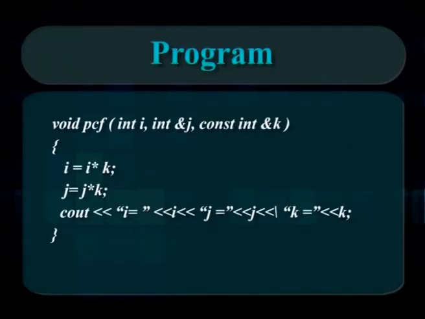This can be explained by an example in which arguments are passed as value, reference and constant reference. The example is as shown. This is a function PCF in which argument i is passed as value, argument j is passed as reference, while argument k is passed as constant reference.